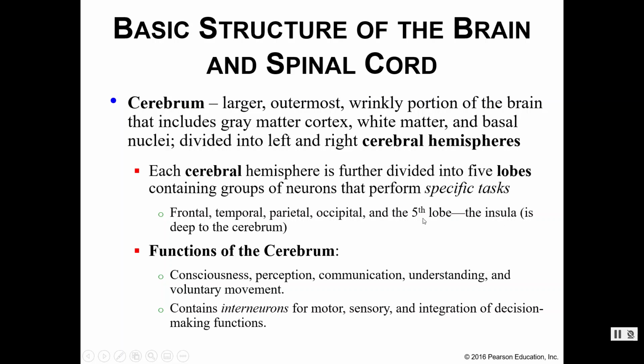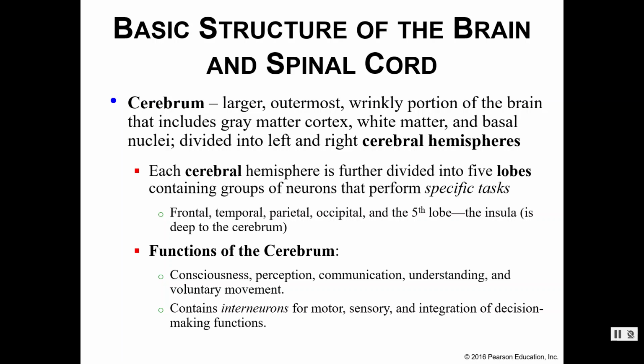Now, the neurons within these lobes perform specific tasks, and we'll go through each lobe one at a time in a minute. Some, not all, of the functions of the cerebrum include consciousness, so being aware of your surroundings, perception of the world around you, being able to communicate both internally and externally.